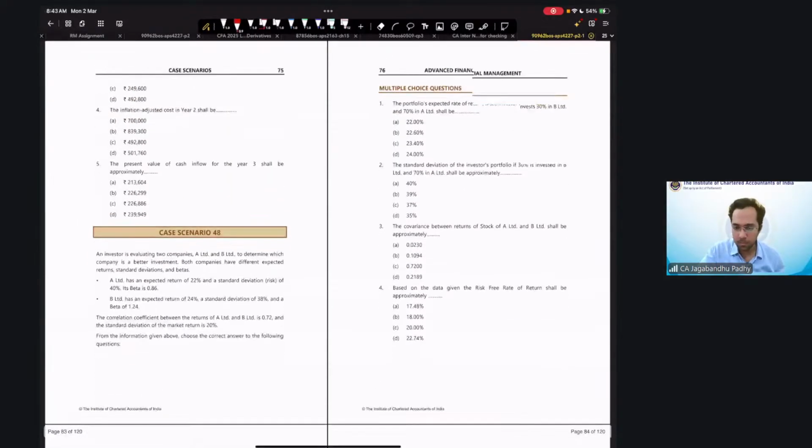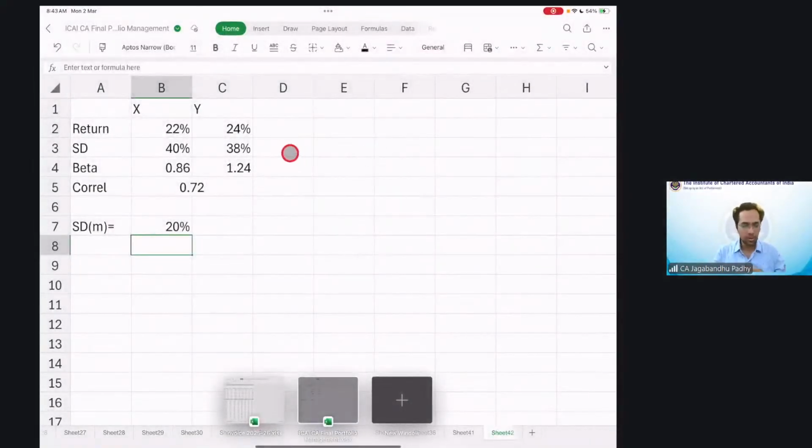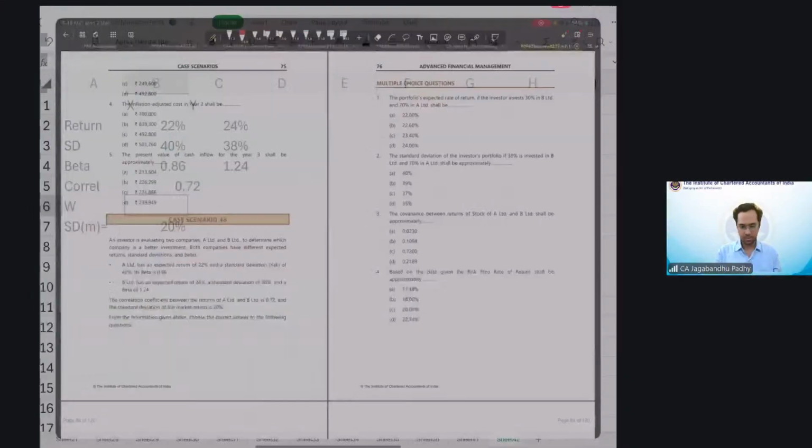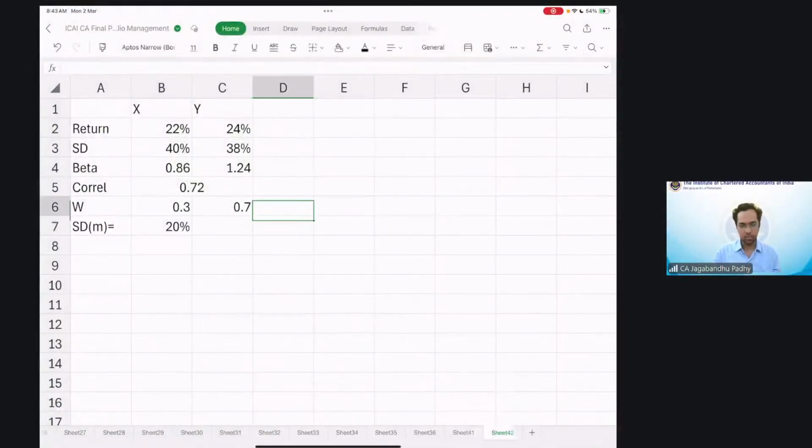Then the portfolio's expected rate of return if the investor invests 30% in B and 70% in A. Okay, so we have the weights as 30% and 70%, so 0.3, 0.7.